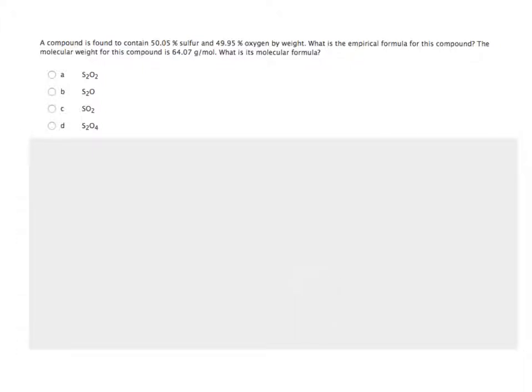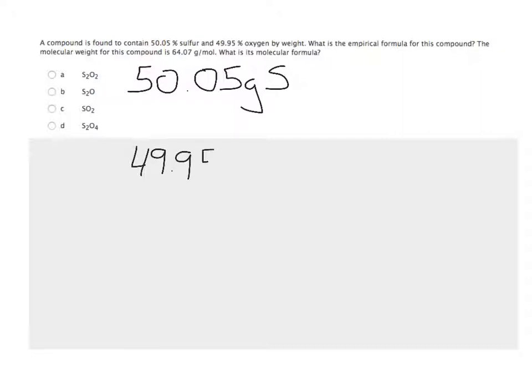So you'll want to first take the percentages and change the percent sign to a gram sign, because we always assume that we have a 100-gram sample. So then 50.05 grams of it is sulfur and 49.95 grams of it is oxygen.